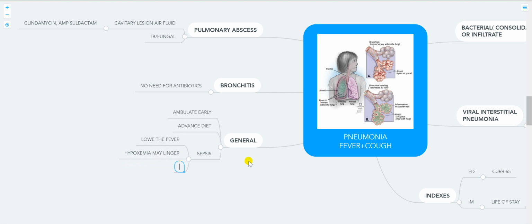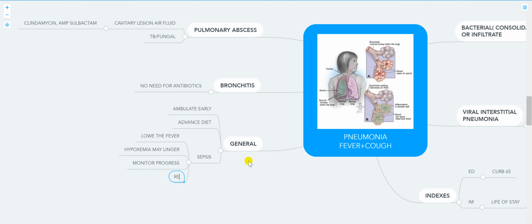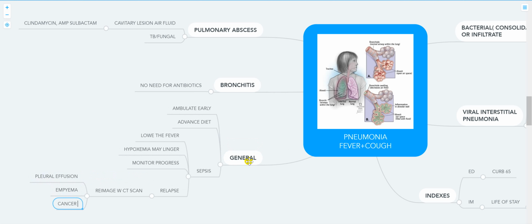You monitor progress. If there's a relapse, then you re-image with CT scan. You look for pleural effusion in this case, or empyema, or cancer. So that's basically the summary of the management of pneumonia.